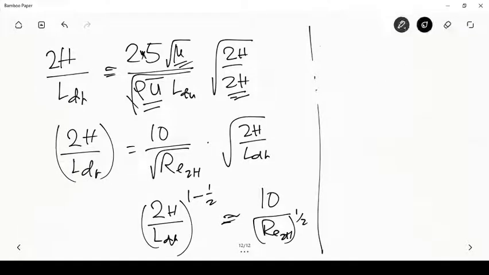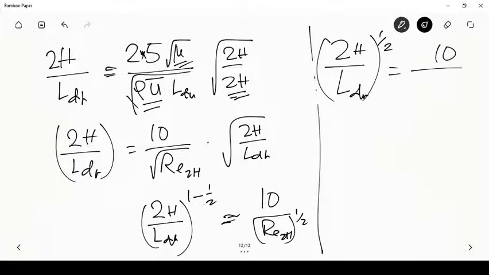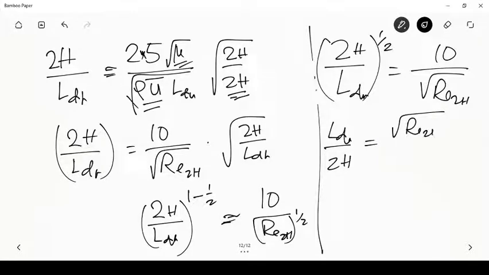So it is 2h by L_DH raised to the power of 1 minus half, which is half, is approximately equal to 10 divided by square root of Re_2h. Now if I take the reciprocal of both sides, I get L_DH by 2h to the power of half, and squaring both sides, it is the square root of Re_2h divided by 10, the whole squared.